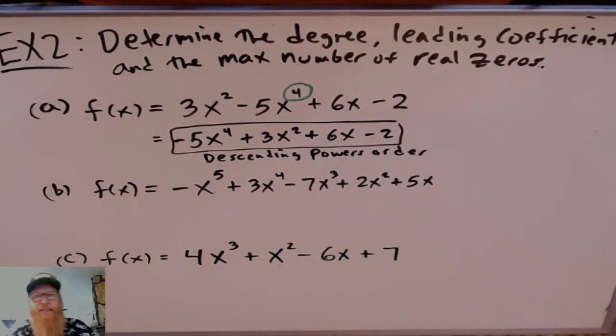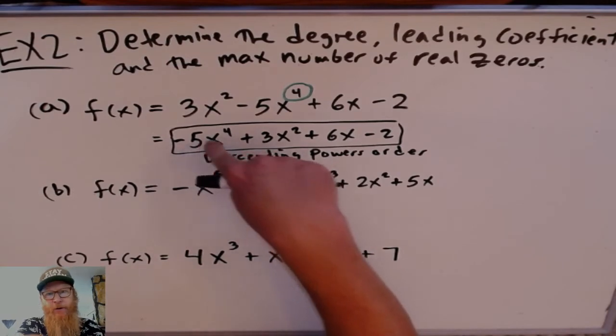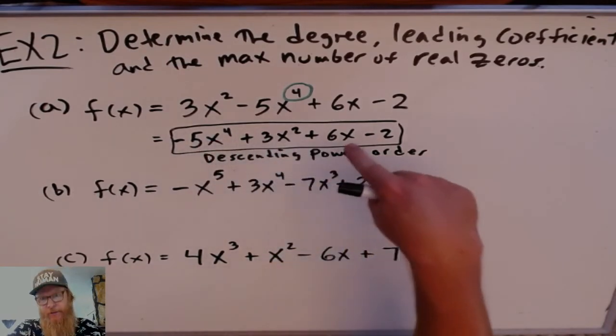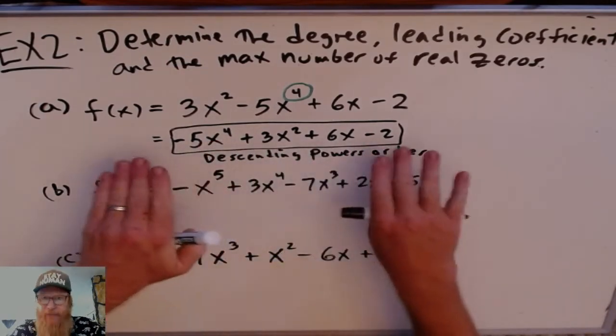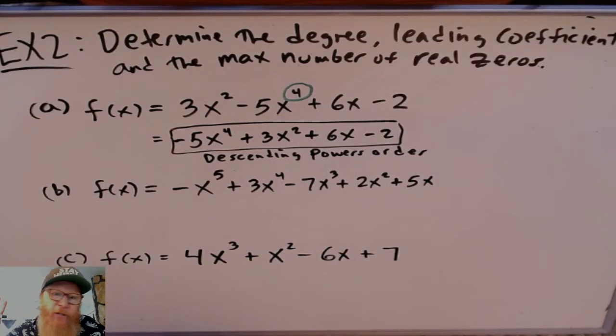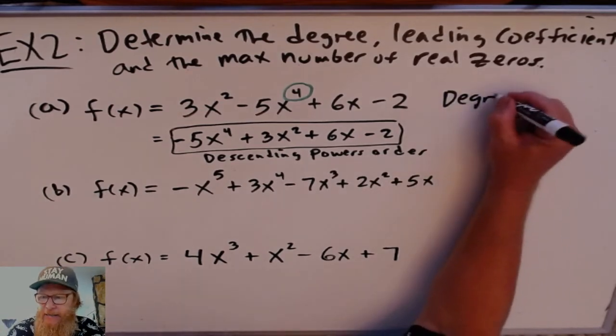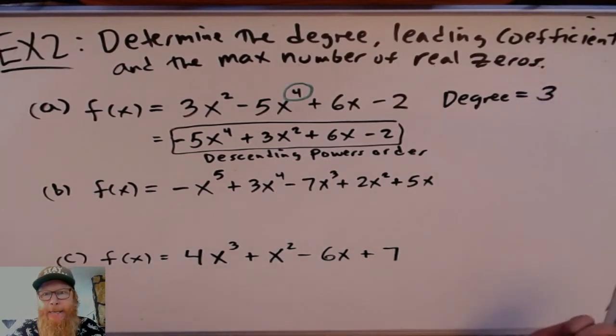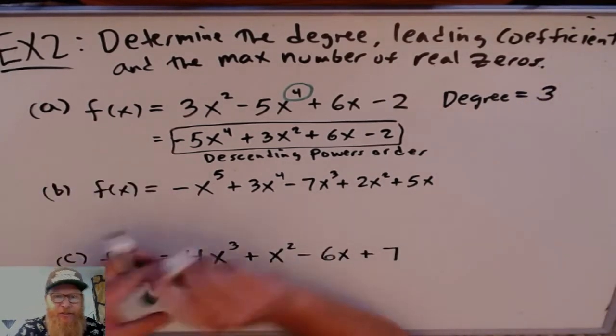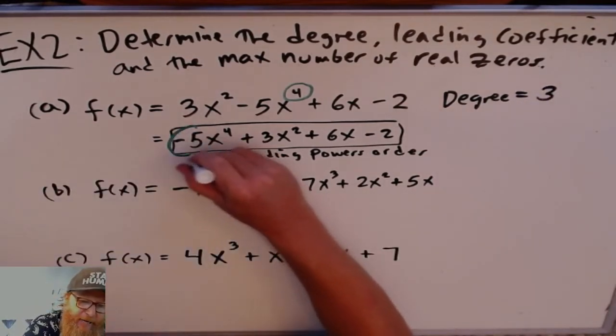Fancy way to say it is descending powers order. Largest power, then second largest power, so on and so forth. Sometimes there will be some powers that don't occur. So for example, there's no cubic in this one. All right. So then we have the degree is 3. The leading coefficient is -5.